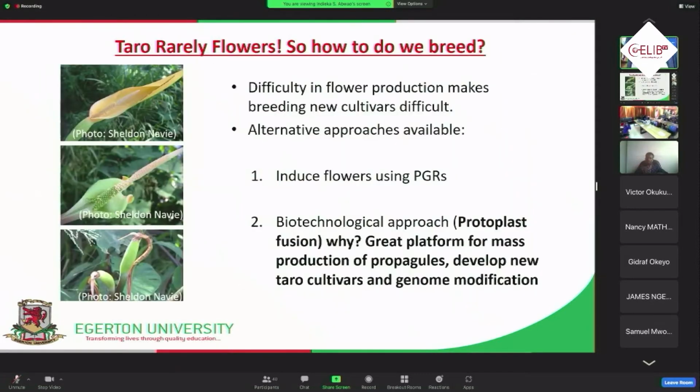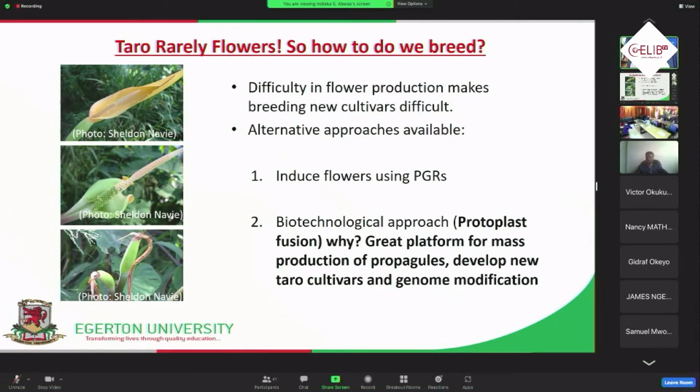Now, because of the problem associated with taro in terms of flowering, we thought of an idea of how we can solve it. There are various approaches. If you read the literature, some use plant growth regulators to force the taro to produce flowers.